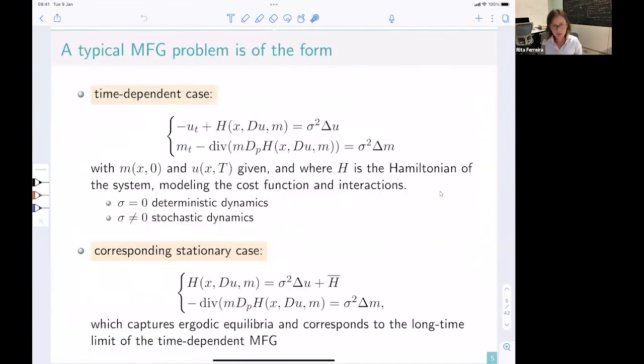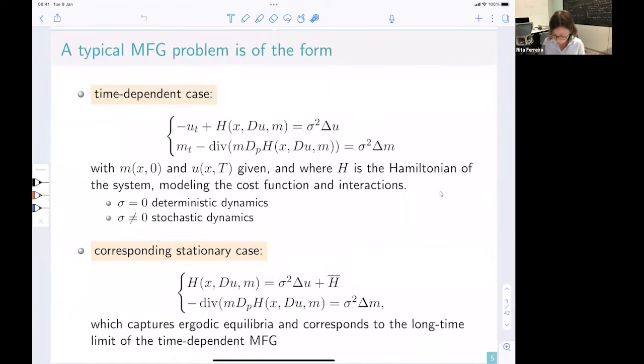And to give an example, let us see some examples of mean field games and things that I have in the back of my mind. So here is a simple example of a mean field game, a time-dependent mean field game.